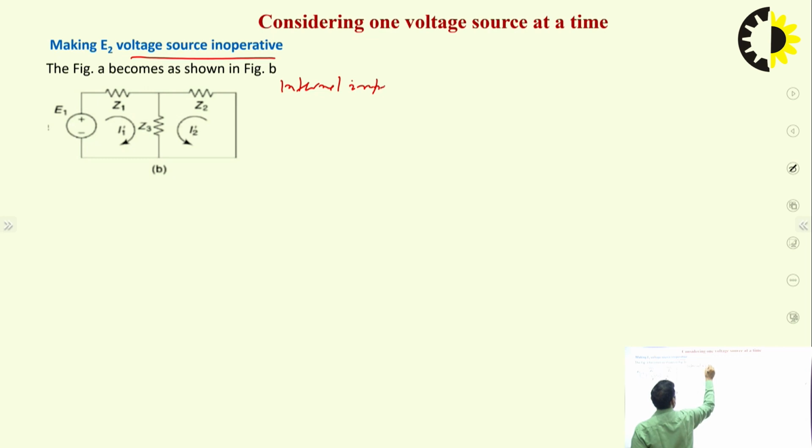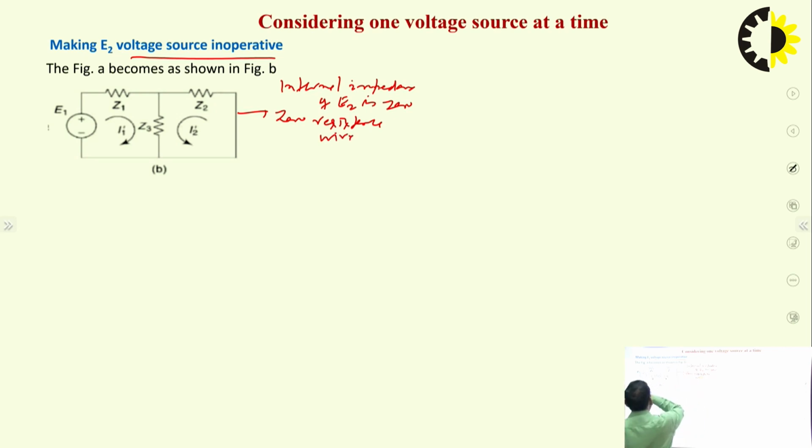It will be replaced by a zero resistance wire, so it looks like a short circuit. So, E1 is working and E2 is replaced. In this case, find the values of I1 dash and I2 dash.